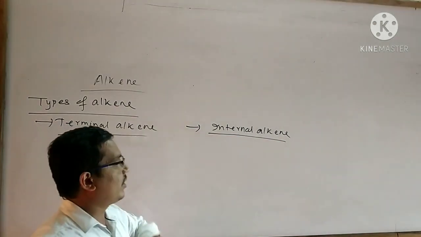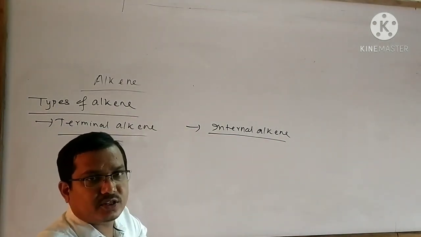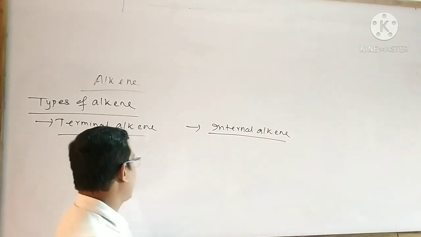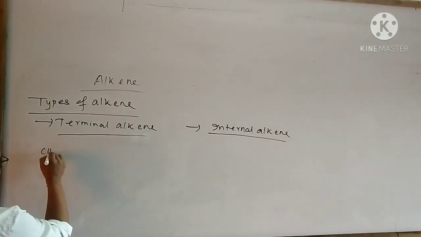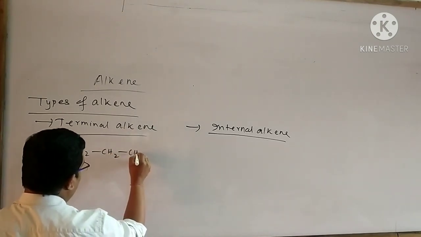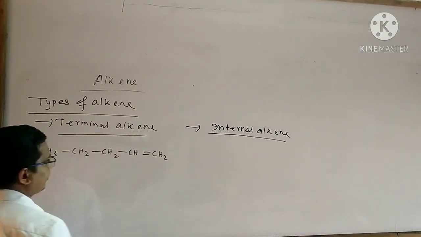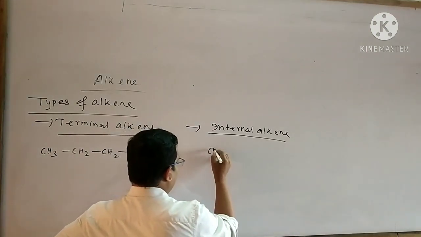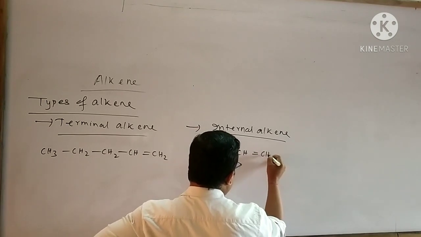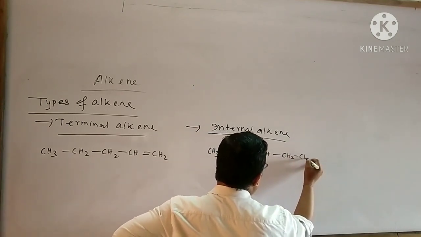But in an internal alkene, the double bond is not present at the terminal carbon atom. Take an example: CH3-CH2-CH2-CH=CH2. Similarly, take another example: CH3-CH=CH-CH2-CH3.